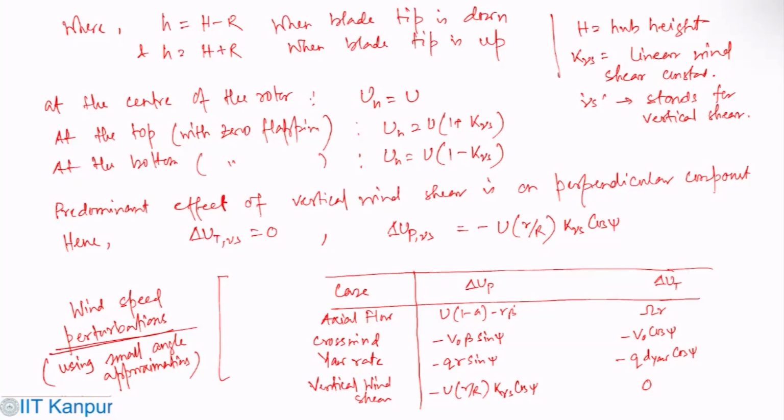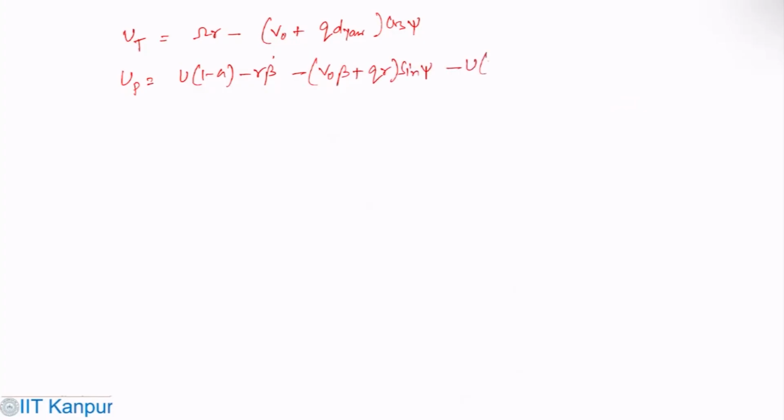Now, once you add all these components and the contribution from axial flow, what we get is UT equals omega r minus V naught cos psi, and UP equals U into 1 minus a minus r beta dot, V naught beta sin psi, minus Q r sin psi, minus Q r by R cos psi.